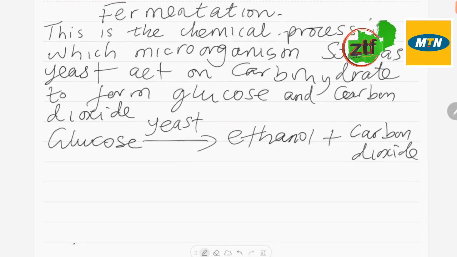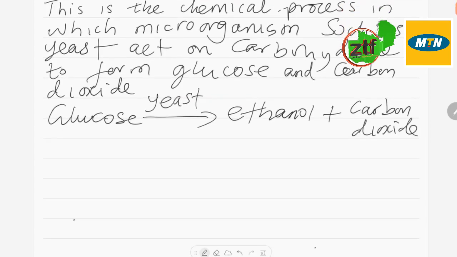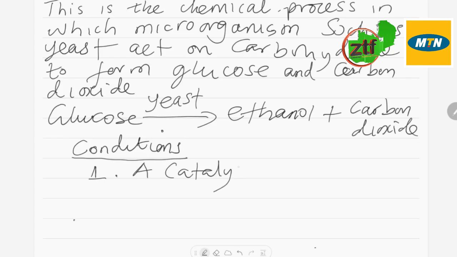So also going to look at what are other conditions necessary for fermentation. Number 1, we need a catalyst. The catalyst used for this purpose is the enzyme found in yeast, which is known as zymase.